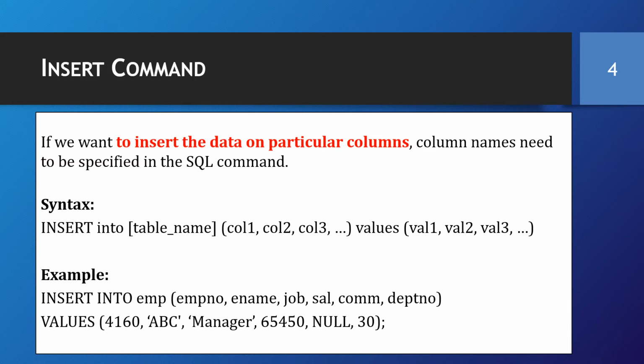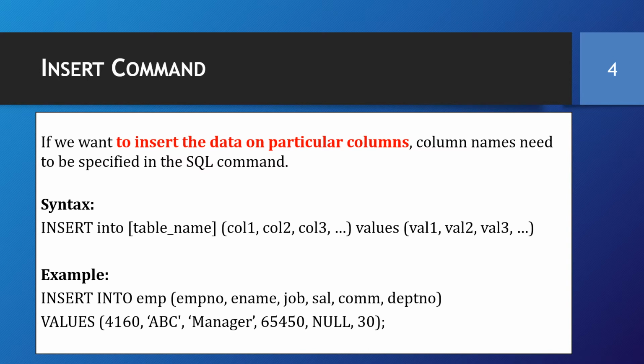So the syntax is insert into table name, column 1, column 2, column 3, values value 1, value 2, value 3. So value 1 will be assigned to column 1, value 2 to column 2, value 3 to column 3, and so on.